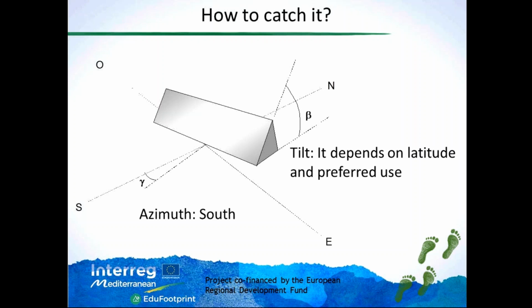Of course, in most cases the best solution is in between these two extremes. If you want, for instance, to optimize the average annual yield of a solar thermal or a photovoltaic plant at a latitude of about 40 degrees, which is more or less central North Italy, then the optimal tilt angle is about 30 degrees.